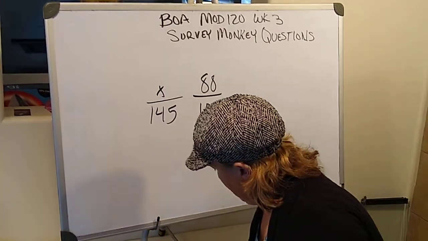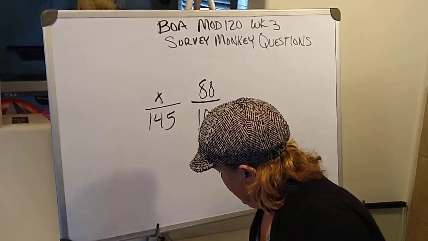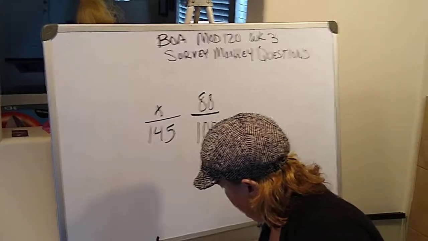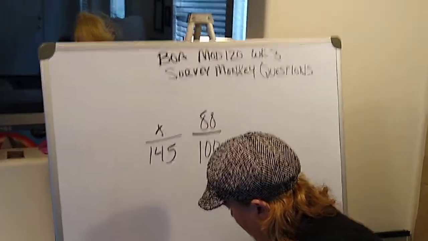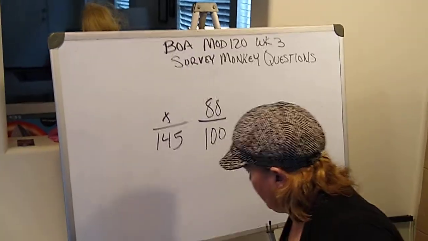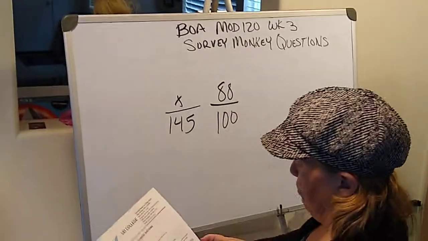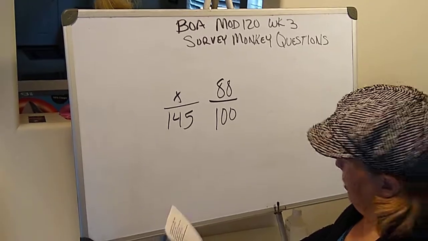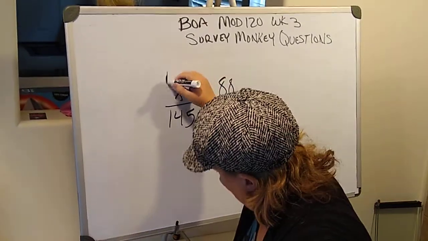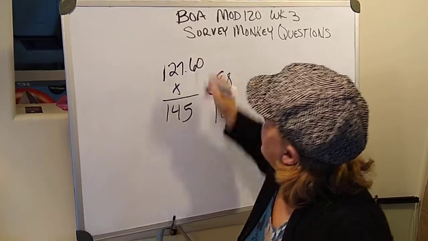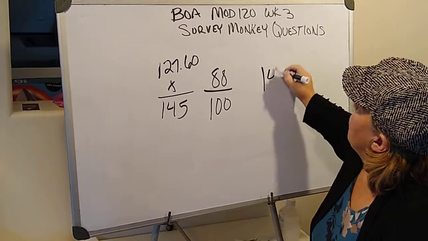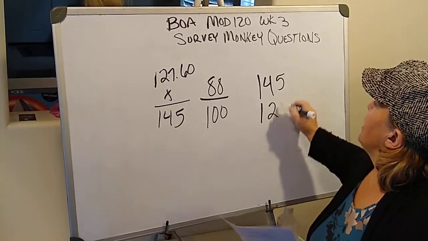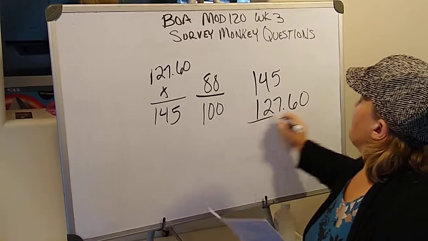So cross multiply 145 times 88 equals, divide by 100 equals. So what was the selling price? So the 88% is $127.60. So the selling price is going to be $145 plus the $127.60.